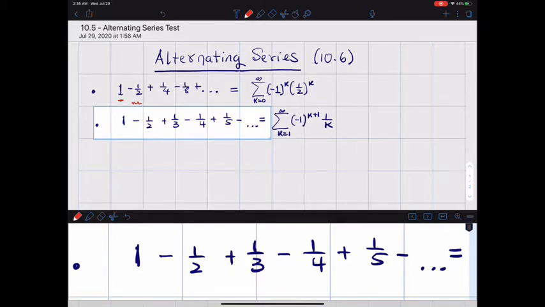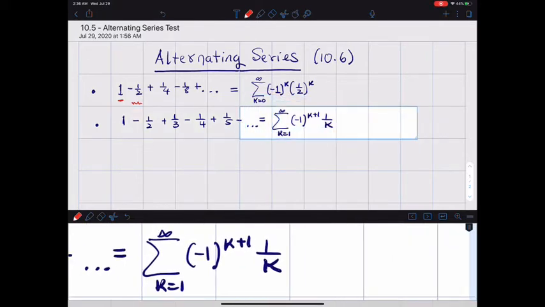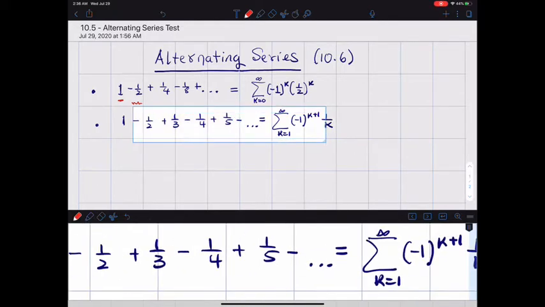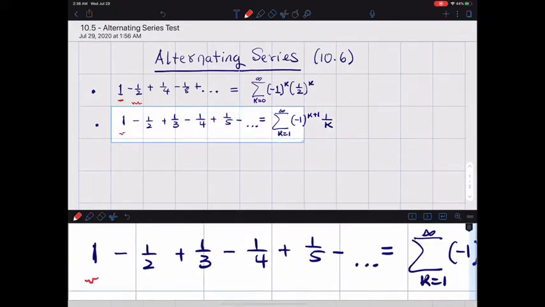This is 1 minus 1 half plus 1 third minus 1 fourth plus 1 fifth, and so forth. So again, we can write it as negative 1 to the power of k plus 1 times 1 over k. So when k is 1, you just have negative 1 to the power of 2, which is just 1, times 1 over 1, which will give you 1. So that's how you get this one here.